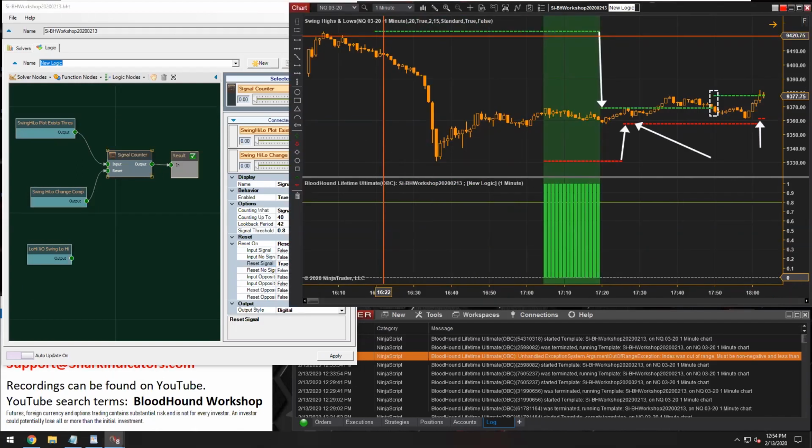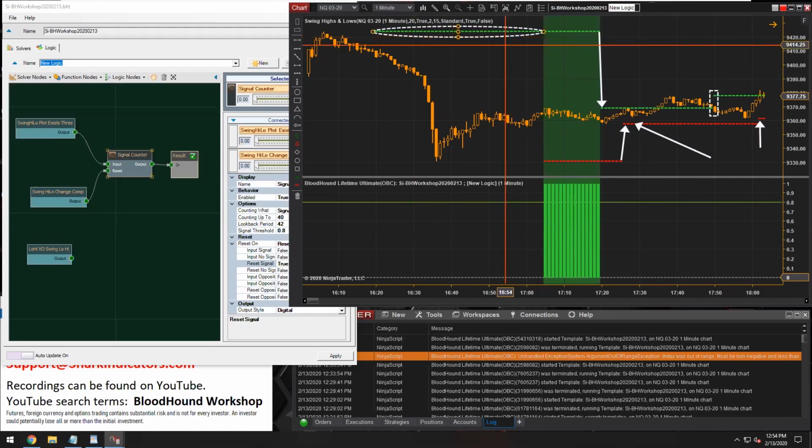All right, let's take a look here. So we've been able to identify that the swing high has existed for 40 bars, and that is the first bar where 40 bars of a swing high has existed.